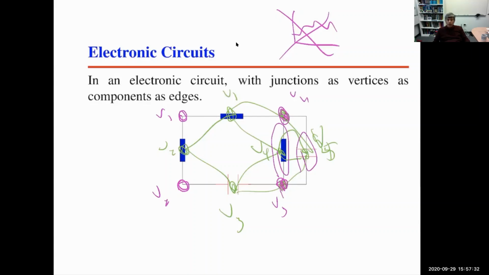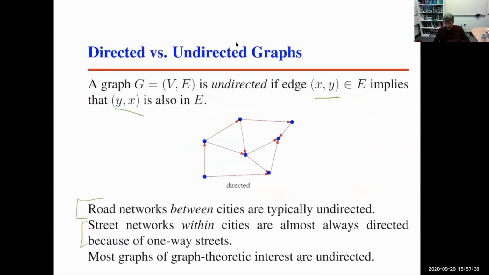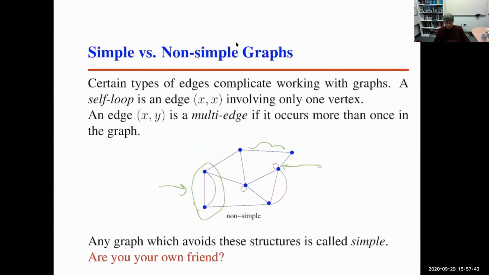So sometimes you care about having multiple edges, sometimes you don't. If you don't have loops and multi-edges, your graph is simple. If you have either loops or multi-edges, we say it is non-simple.